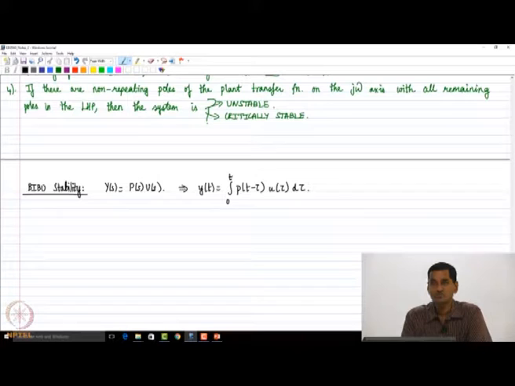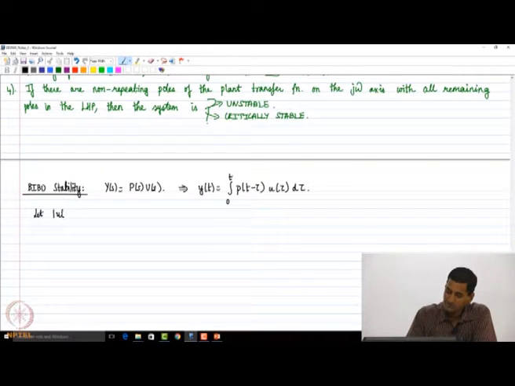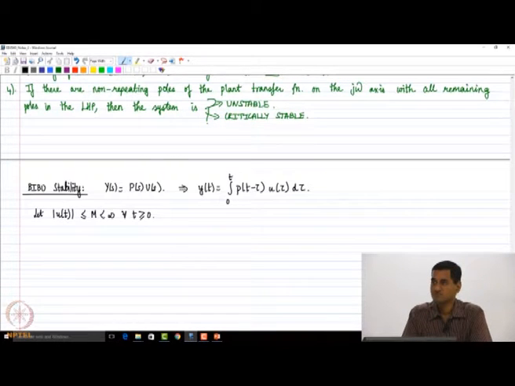So I am using the convolution integral. Okay. So let the magnitude of u of t be bounded by a positive real scalar M for all t greater than or equal to 0.